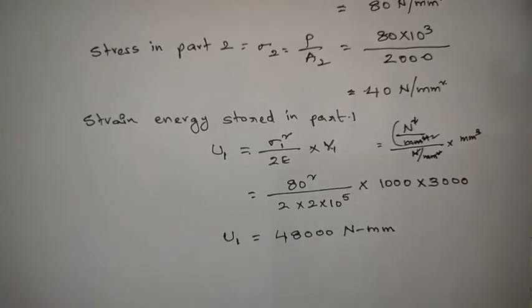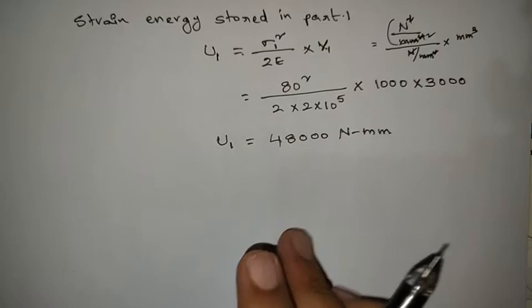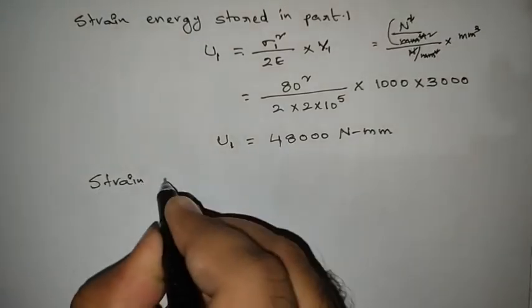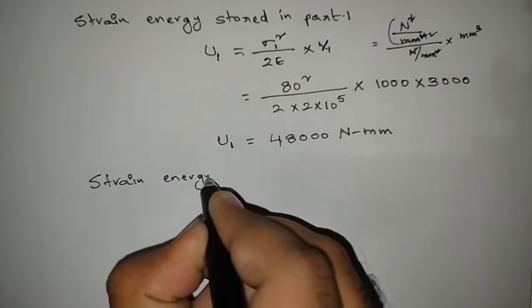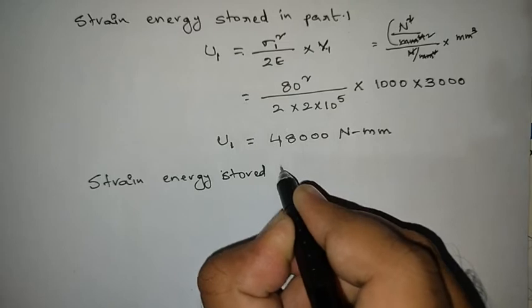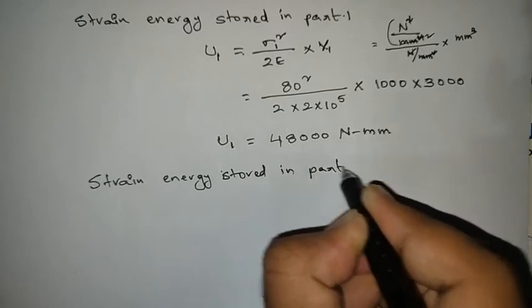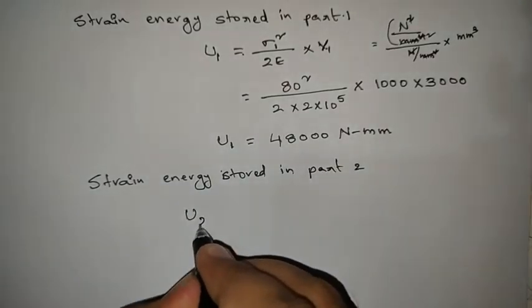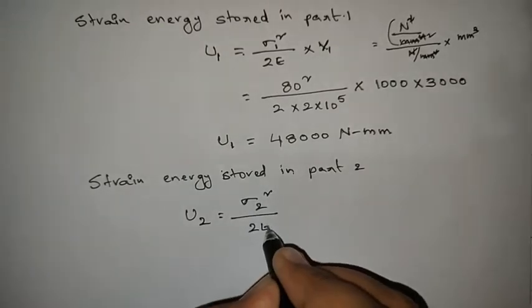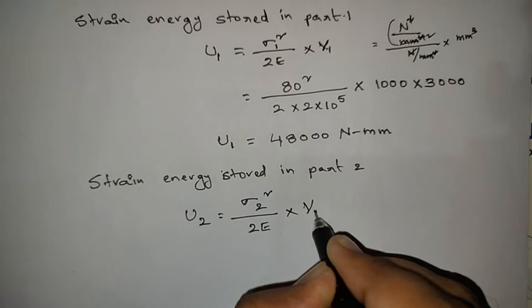Next, in a similar way, let us calculate the strain energy in part 2. So strain energy stored in part 2, that is U2. So it is sigma 2 square by 2E into V2.